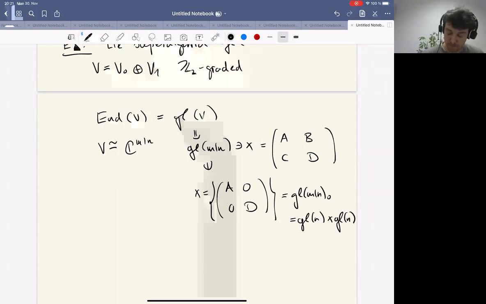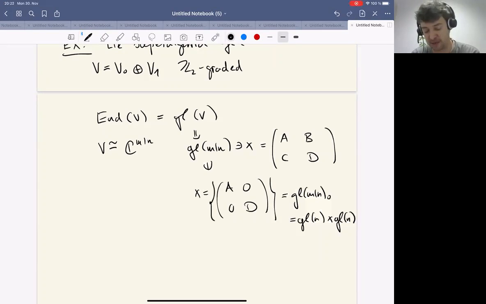When I talk about representations of such a Lie superalgebra, it's essentially the same definition as for a Lie algebra, just that I don't look at vector spaces over C, I look at Z2 graded vector spaces over C. If I have such a Z2 graded vector space, I have this GL(V) here. I need to introduce a structure of a Lie superalgebra, and I use the so-called super commutator for this.